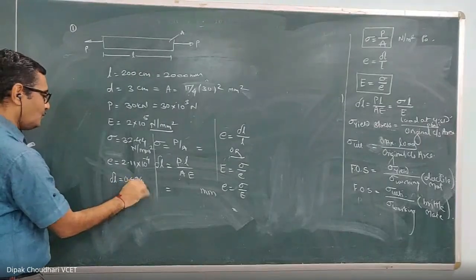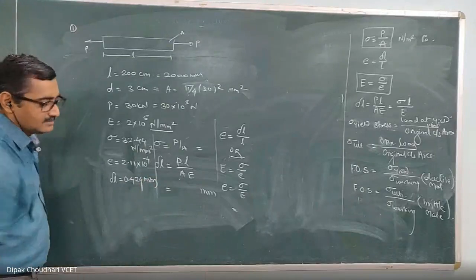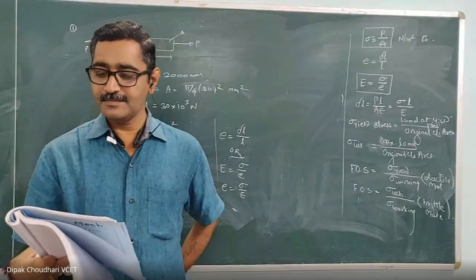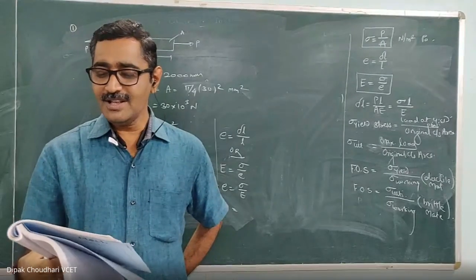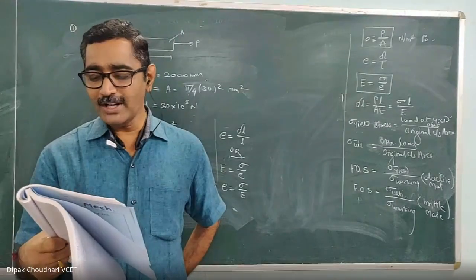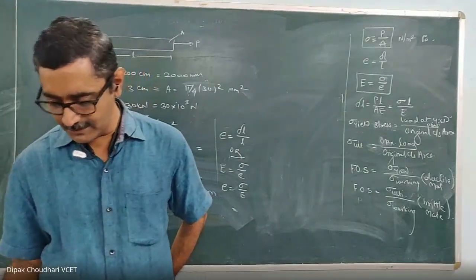Sir, calculating. Sir, change in length 0.424 millimeter. Is it millimeter or centimeter? In the answer it is given as 0.424 centimeter. I'm not sure about that given answer. It is millimeter. Okay, fine.